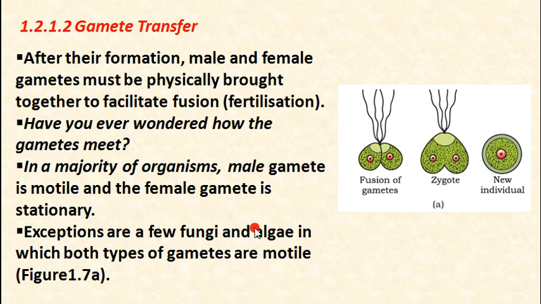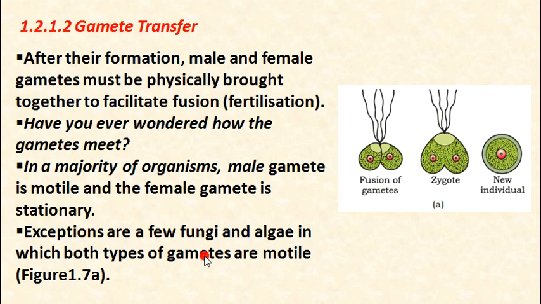So in most organisms the male gamete can move. The female gamete is stationary in most cases, meaning it is stable and will not move from one place to another. It stays at one place, and the male gamete will reach the female gamete.